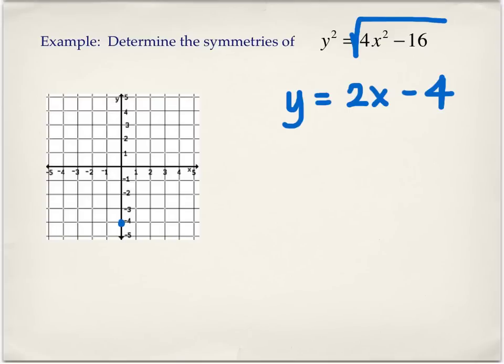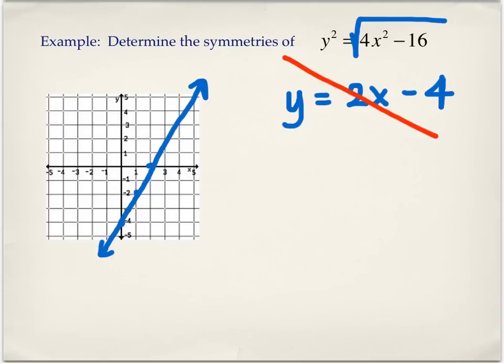We have a y-intercept at negative 4 and a slope of 2. So a fairly steep sloping line like that. Looks like that's what the graph would be. What kind of symmetry does this have? Well, if it's a straight line, depending where it is, it might have some symmetry, but this one really doesn't have any. Except the only bad thing is that we don't want to do this.